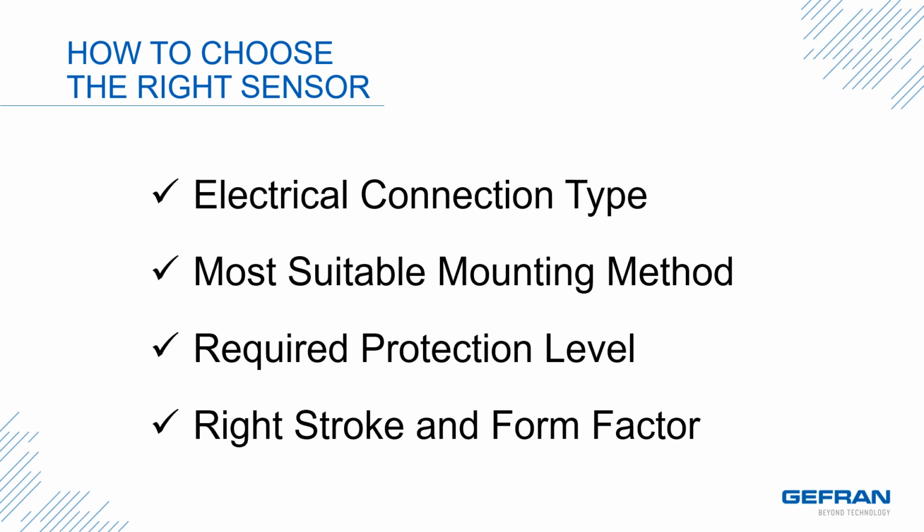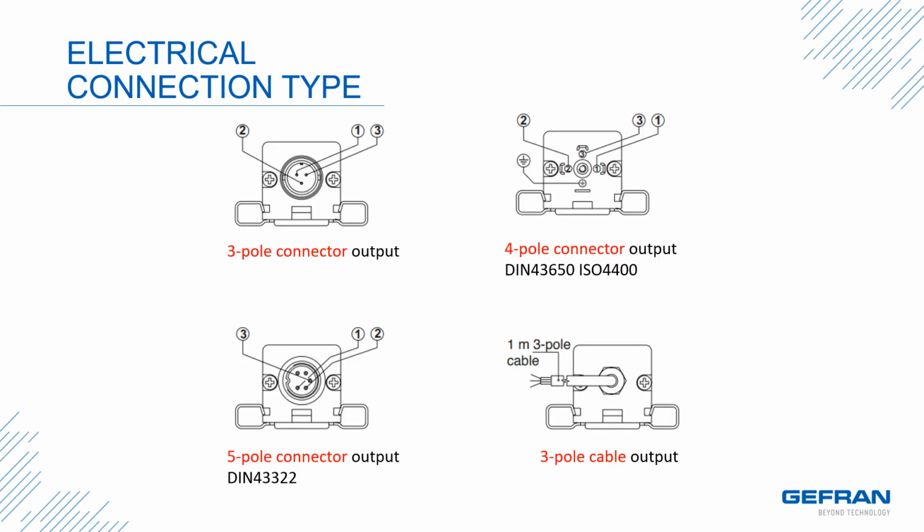Now I'll talk about how to select the right potentiometric sensor. This includes choosing the desired electrical connection type, choosing the most suitable mounting method, ensuring the correct level of protection from solids and water, and selecting the sensor with the right stroke length and form factor for your application. Choosing the correct electrical connection type.